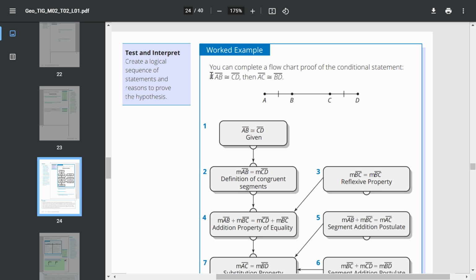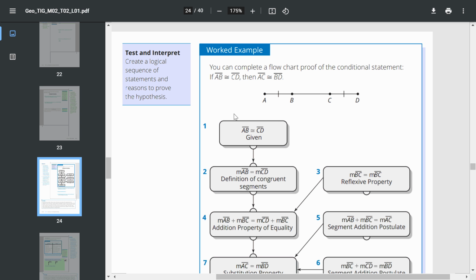So I know that this if part is our given. This then part is what I want to prove, which is what should be in my very last bubble.